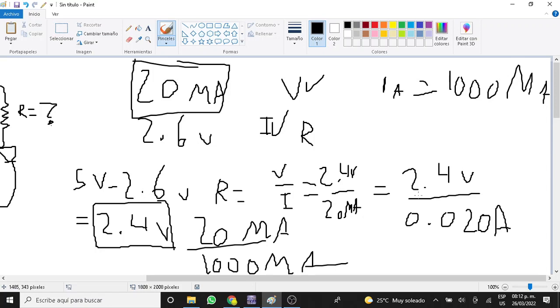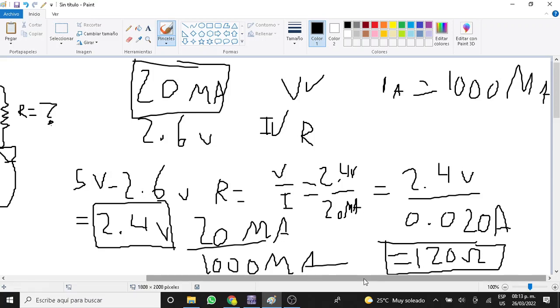We are going to divide these values. 2.4 divided by 0.020 is equal to 120 ohms. This is the resistance, 120 ohms.